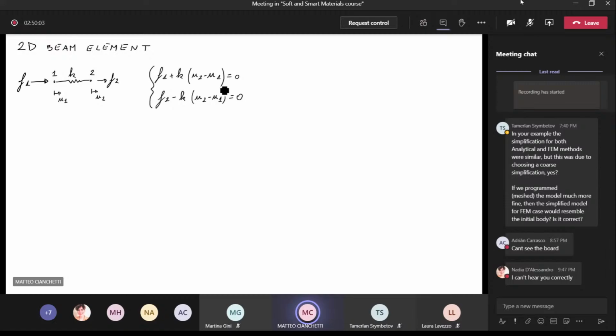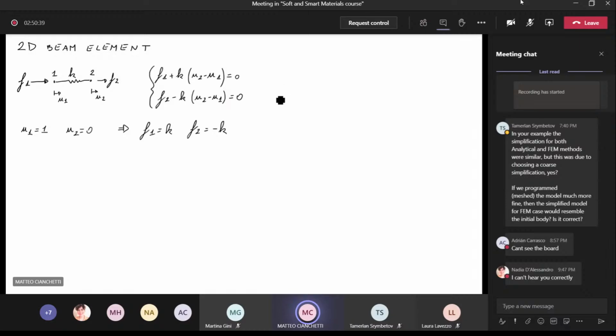Okay, let's notice this. If we set U1 equal to 1 and U2 equal to 0, then we have that F1 is equal to K and F2 is equal to minus K. I don't know if you visualize it.